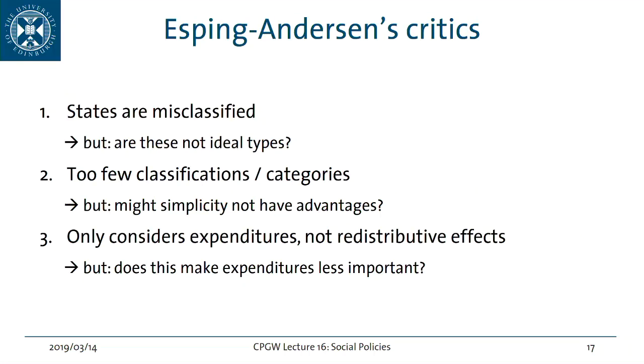Now, I've already talked about this, and I'm only going to go over this really briefly. There's, of course, been some criticism of Esping-Andersen for a variety of reasons. Maybe the easiest one is, hey, you put a state into a category where it doesn't belong because there's other things going on. But, of course, the idea behind his model was that these are ideal types. They're not necessarily meant to be like the liberal model is equivalent to one specific country that adopts this, because every country is on a spectrum on each of these scales.